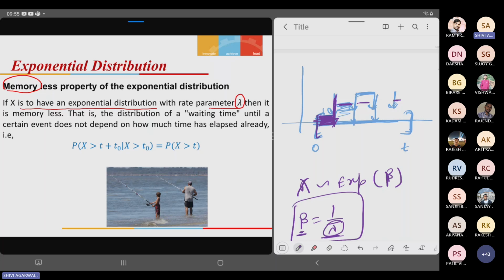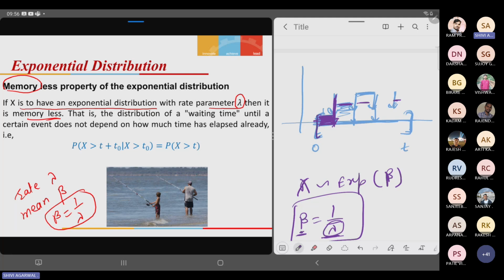Be careful when taking the parameter in the formula, because there are two parameters in the exponential distribution, lambda and beta. Rate is lambda and mean is beta, and beta is equal to 1 by lambda.